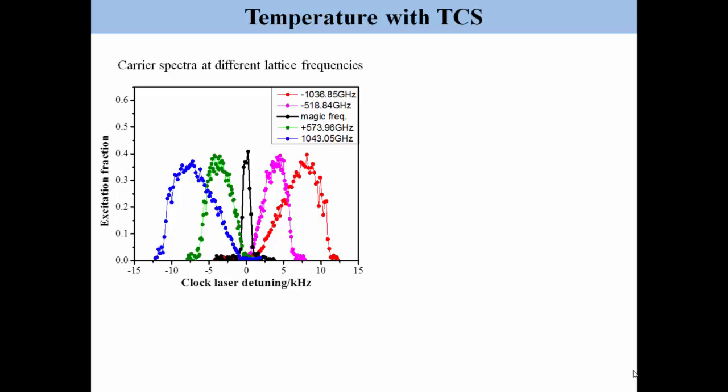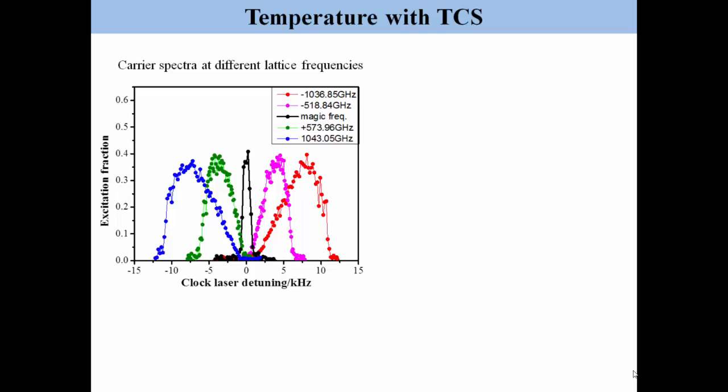The carrier spectra are performed at 5 different lattice frequencies. You can see at the magic wavelength, the magic frequency, the carrier is centered at the clock transition line.